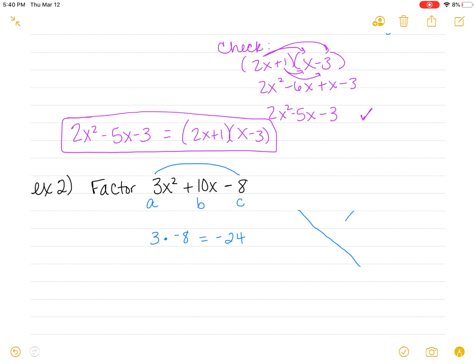So I'm going to put that in the top of this big X. And then I want to put that B value, which is 10, at the bottom. So I'm looking for factors of negative 24 that add to be 10.